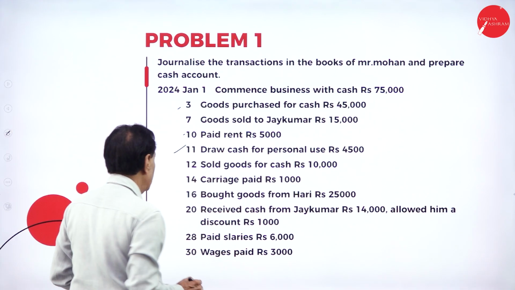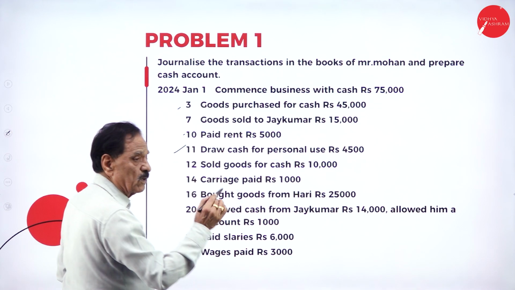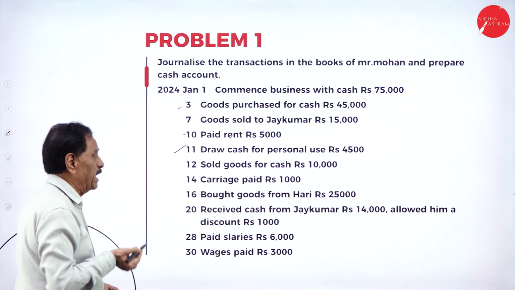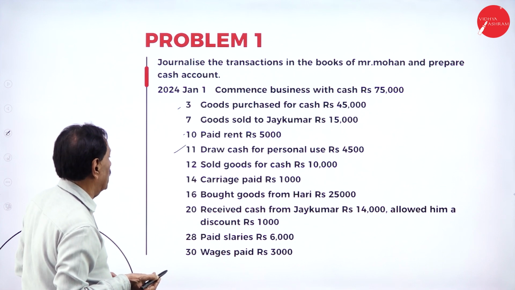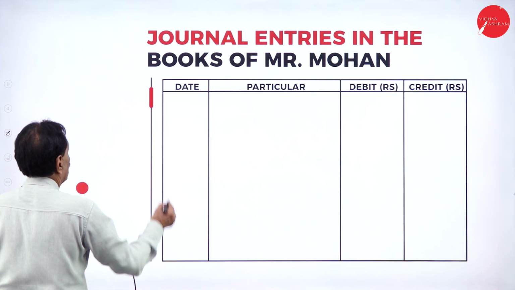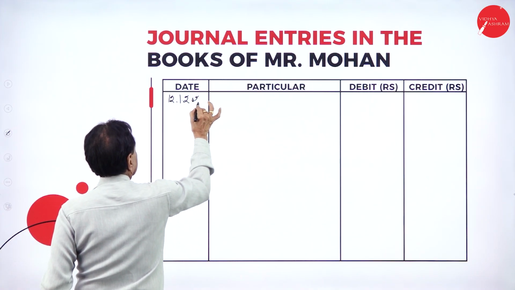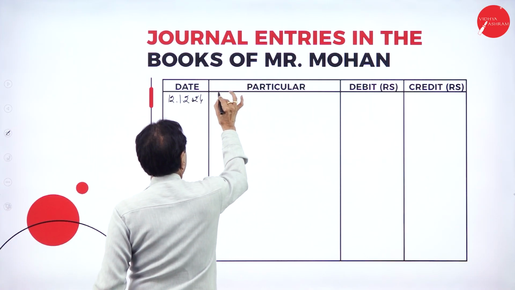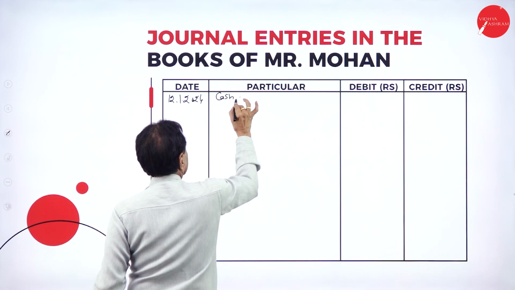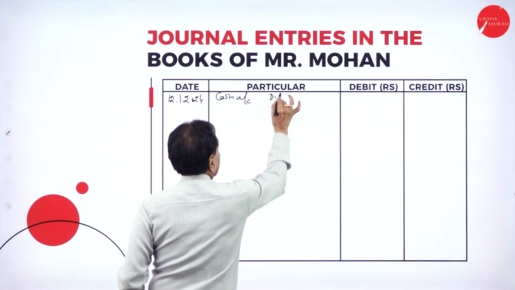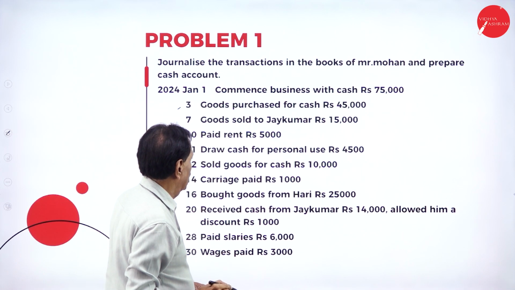That is over. On the 12th, sold goods for cash. Goods are going out, cash is coming in. On 12/1, 10,000. Cash account debtor. What's the value?